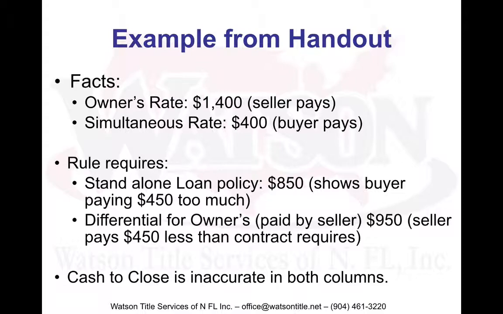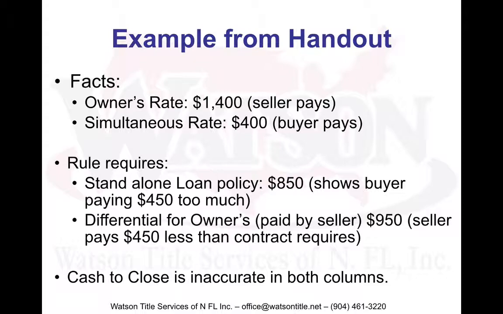The facts of the contract state that the seller will pay the owner's policy premium of $1,400 and the buyer will pay the simultaneous issue rate for the loan policy of $400. In theory, if there's just a loan policy by itself, it would cost $850. Here's what the rule requires in action.